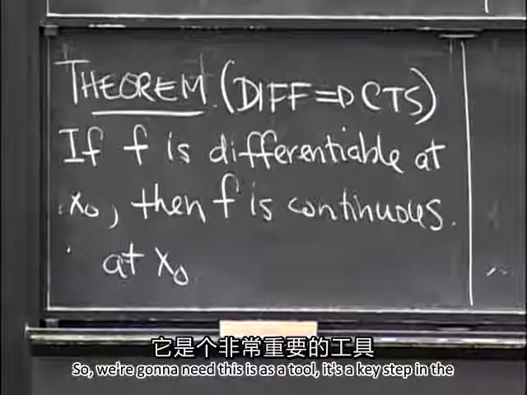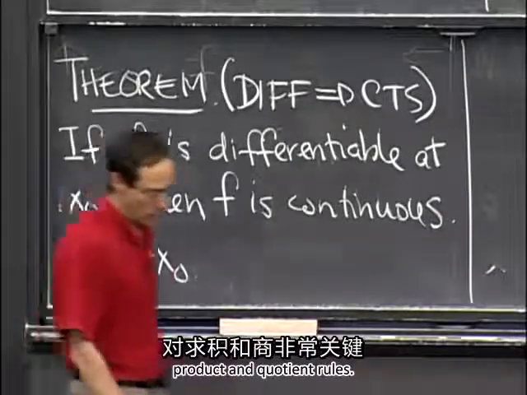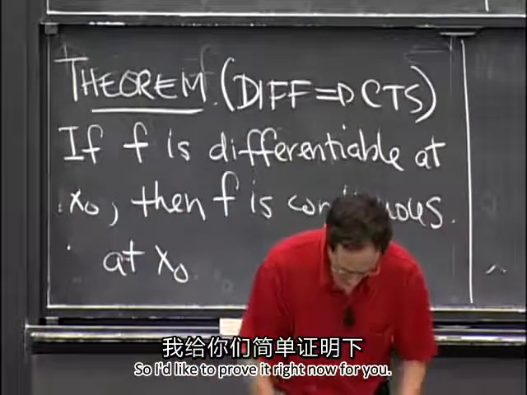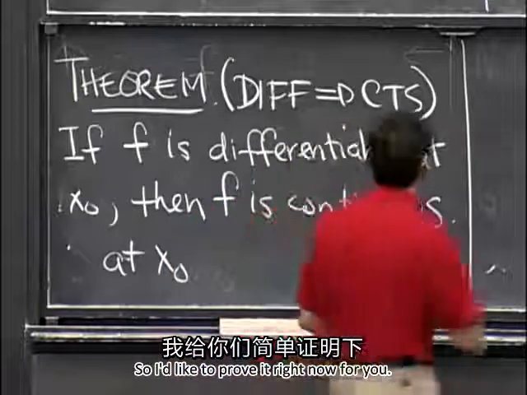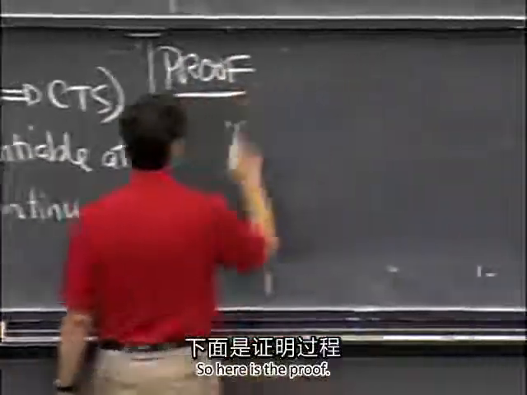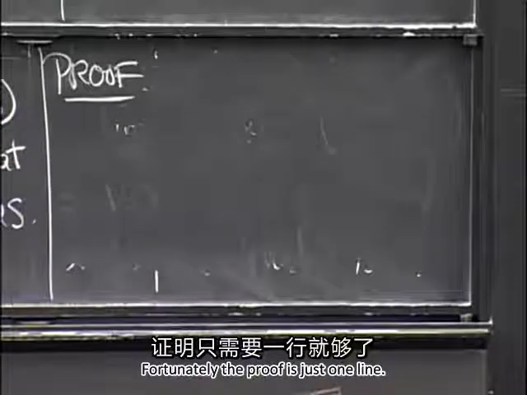So we're going to need this as a tool, a key step in the product and quotient rules. So I'd like to prove it right now for you. So here's the proof. Fortunately, the proof is just one line.